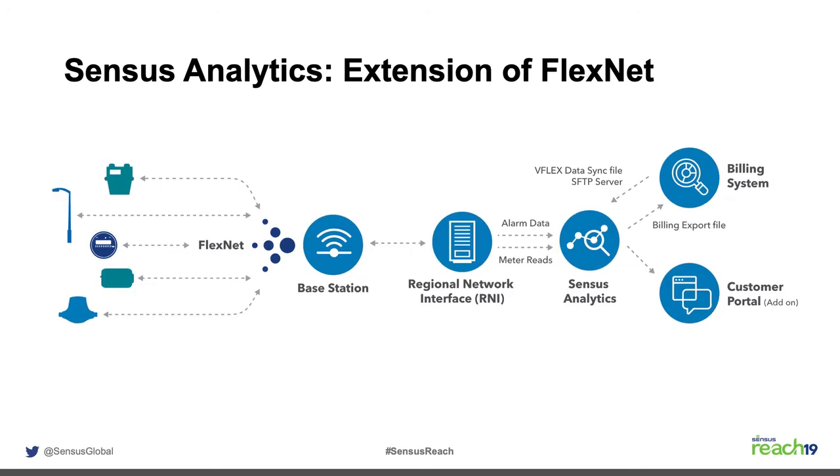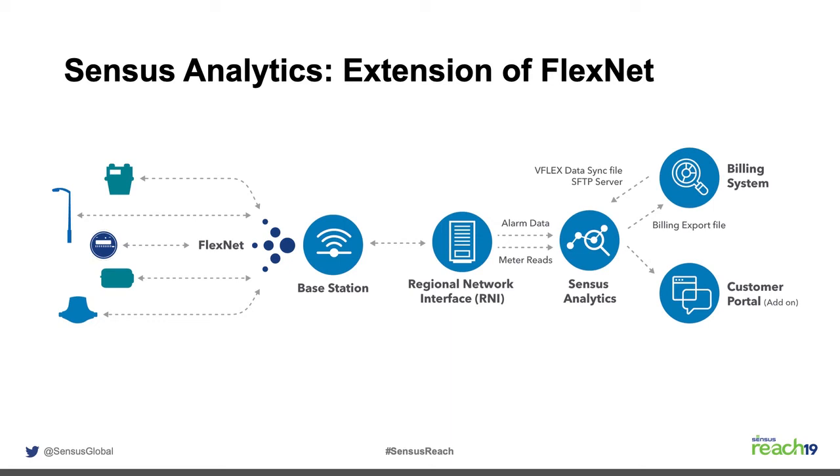It's really important to understand where Sensus Analytics fits into our overall FlexNet AMI solution. We take all of the data coming from the endpoints, meters, and smart points through the system over the base stations into our regional network interface.